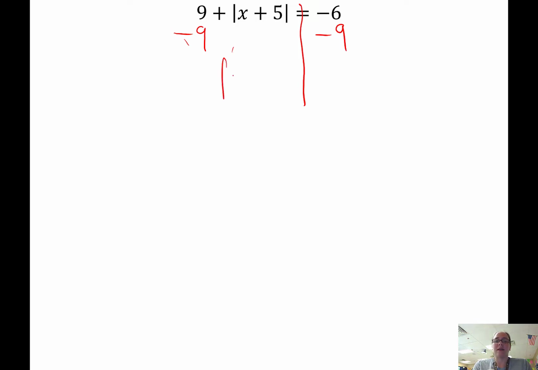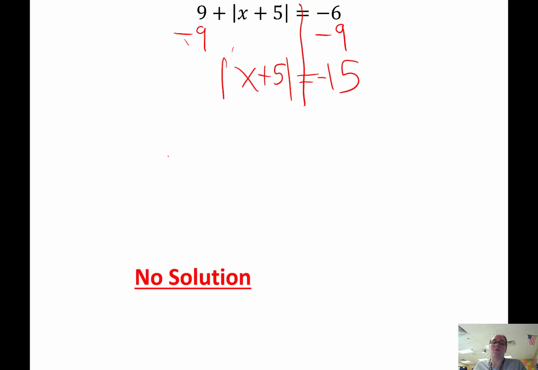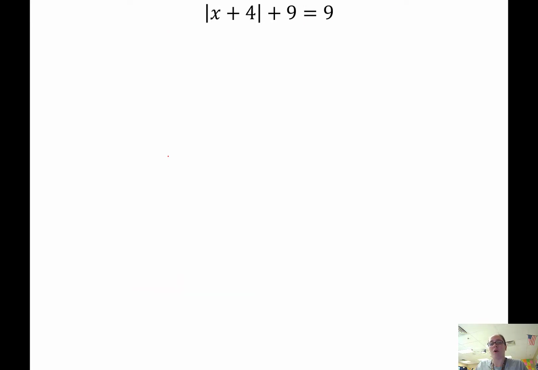So I get the absolute value of x plus 5 equal to negative 15. Absolute value is equal to a negative. So this is also a no solution. All right, we're going to look at one more.